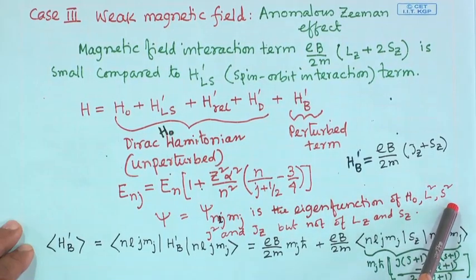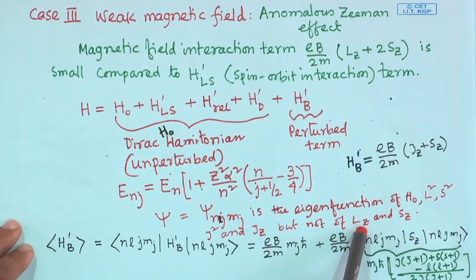And this eigenfunction, we have checked earlier, was for H 0, L square, S square, J square and J z. So, this wave function was the simultaneous wave function of these operators, but it was not the wave function of Lz and Sz. This is important: if psi n l j m j were the wave function of Lz and Sz, then just from the eigen equation one could get the eigenvalue.